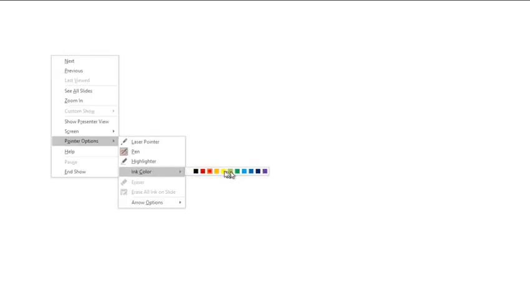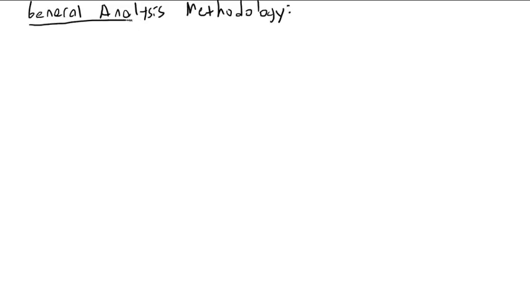Now, again, we remember our general analysis methodology. This is important to keep in mind as we go through this. We start with our external forces. And from these, we get our internal forces.